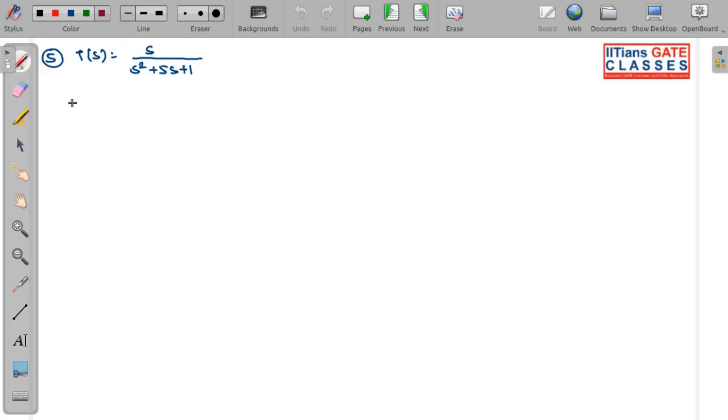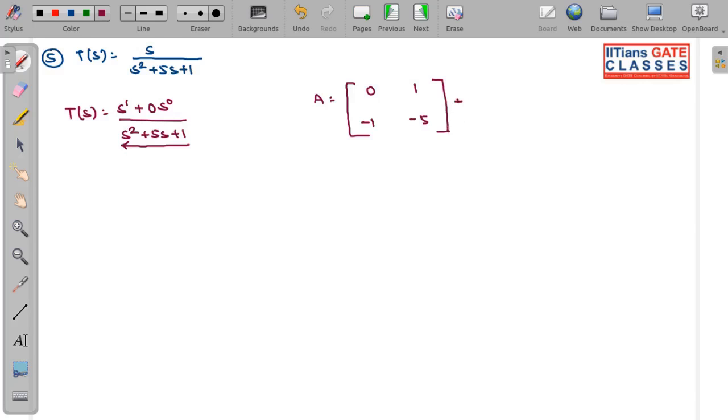Look, one more question we have over here. T(s) is equal to s to the power 1, with s to the power 0 missing, so I can write 0·s⁰ divided by s² + 5s + 1. If I have to write directly, the A matrix will be [0 1; -1 -5], written opposite from here. Plus u, the B matrix will always be [0 1].